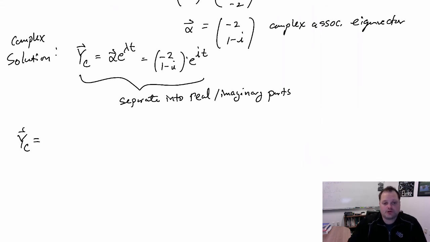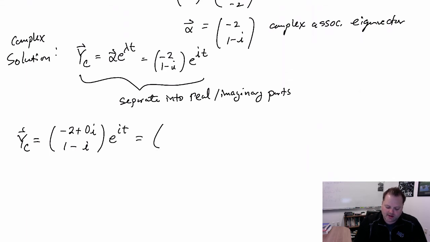So you've got the complex solution. Let me encourage you to split this vector into its real and imaginary parts. If you look, this vector is -2 plus 0i in the first component, 1 minus i in the second component. So another way to write that is -2, 1 plus i times 0, -1. So you see that? You've got -2, 1 is the real component of that vector.